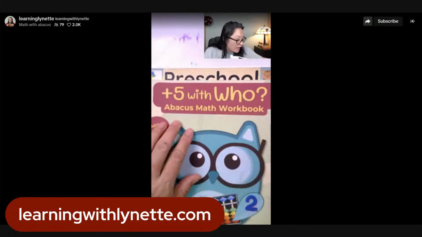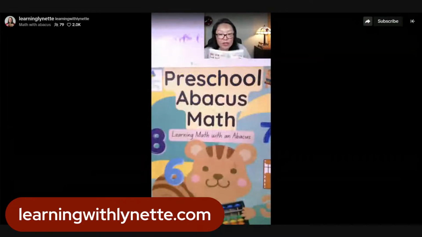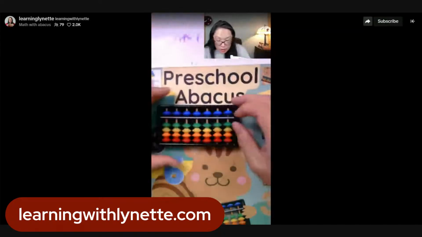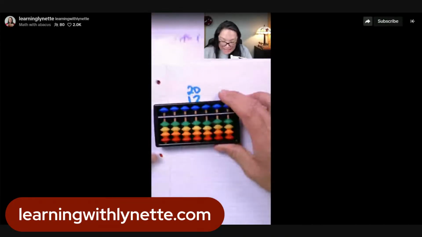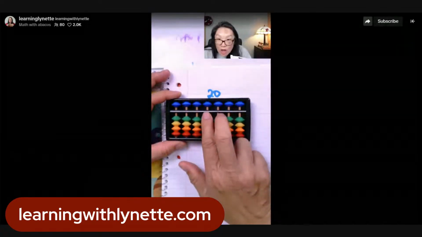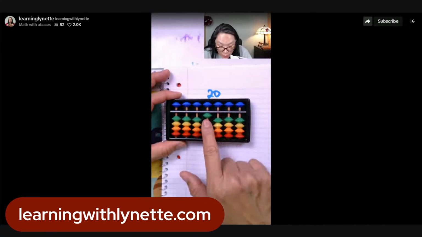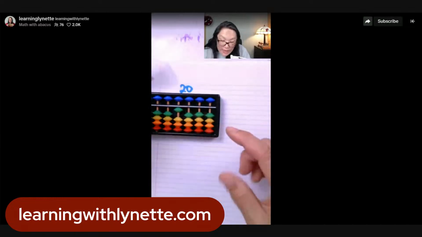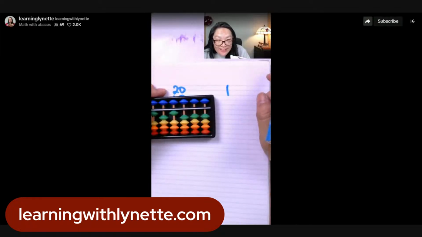Okay, so let's go back. How do you count to 10 using one bar only? You can't. You have to use 2, because just like how we write 20, we need 2 columns. We need a 2 and a 0. So if we did 10, it'd be a 1 and a 0. You can't write 10 with one number, if that makes sense. You need to have the second number.